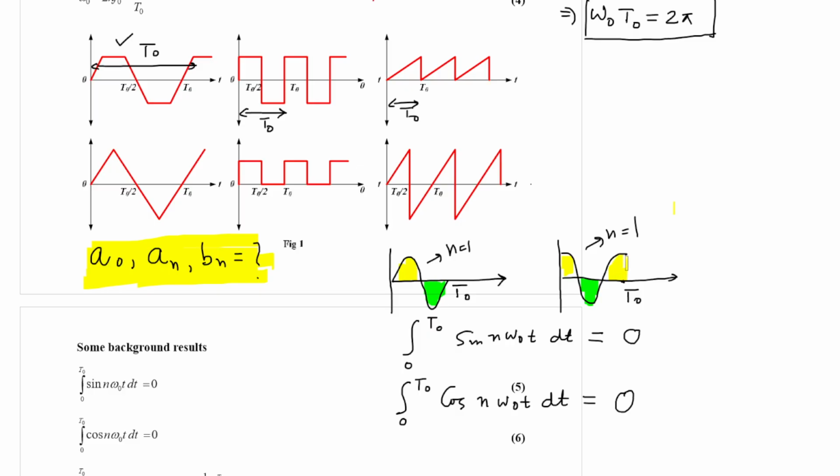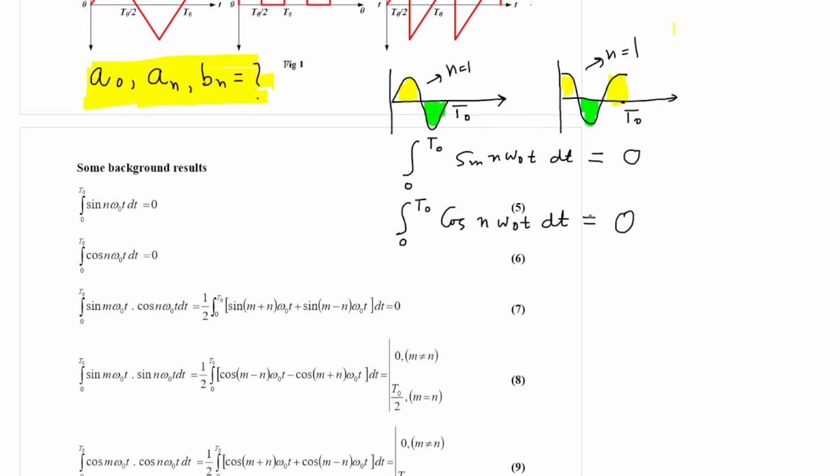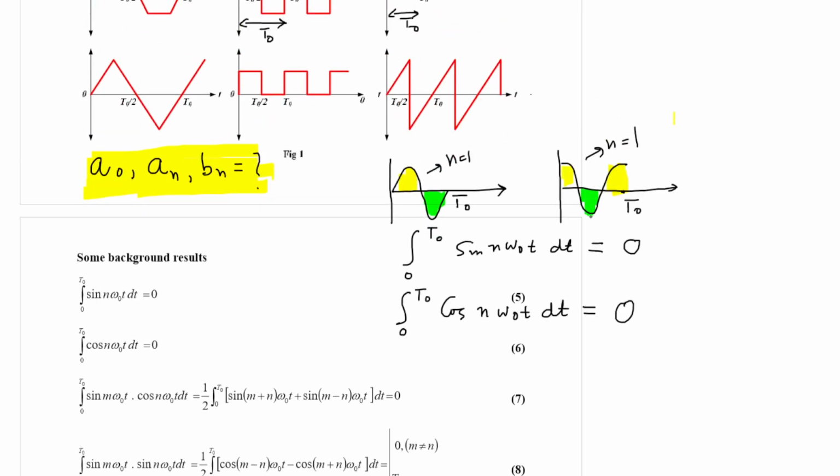But you must make this integration over a complete cycle from 0 to T naught. This equation can also be written differently. Let us integrate sine n omega naught t dt starting from any arbitrary time t. If you conduct this integration over a duration of t naught, from t to t plus t naught, this will also be 0.